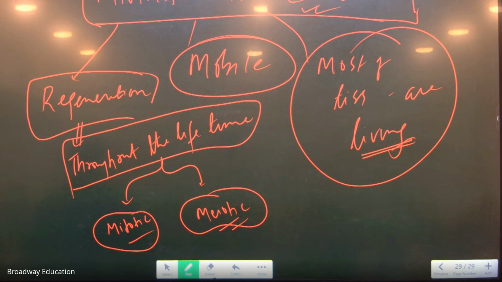Yes or no? Why? Because it has got regenerated. Understood? Even if a person of say 80 years or 90 years, if his hand is also cut, it will again get regenerated.